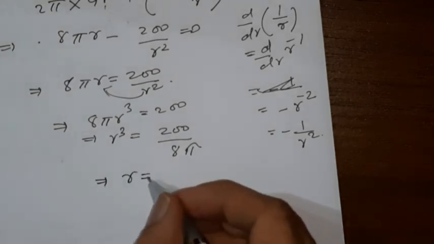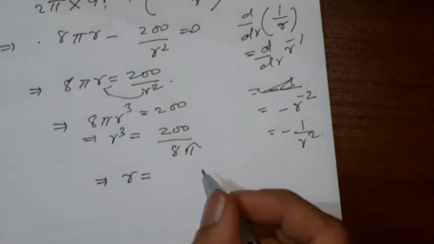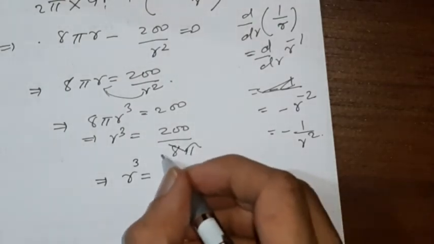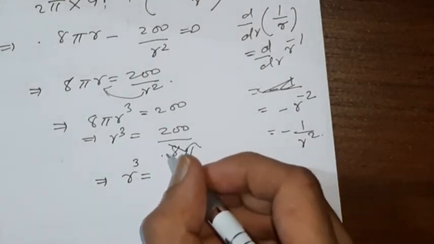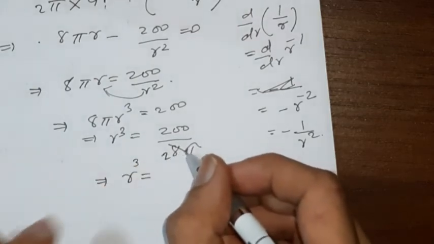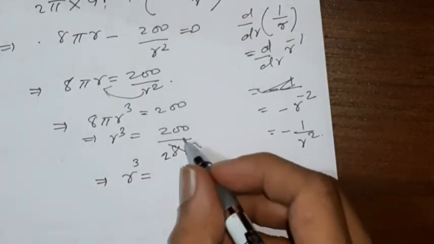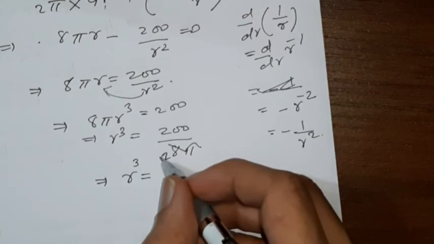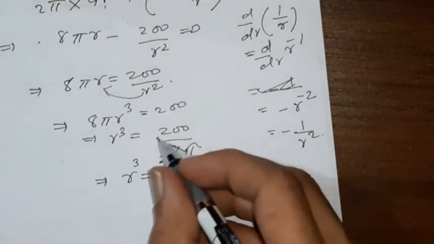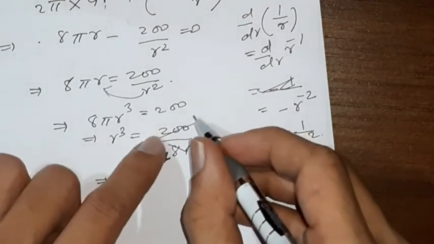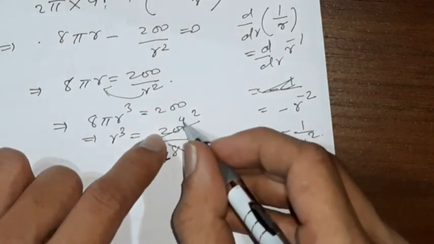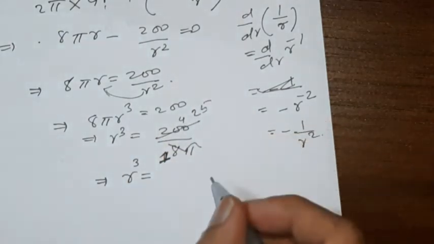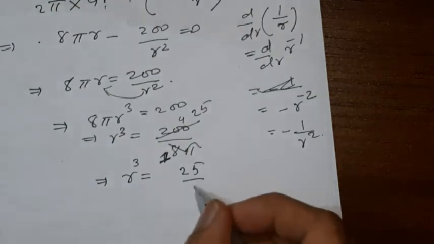So r is equal to what? Let us simplify this first. 200 divided by 8 is 25, so we get 25 by pi.